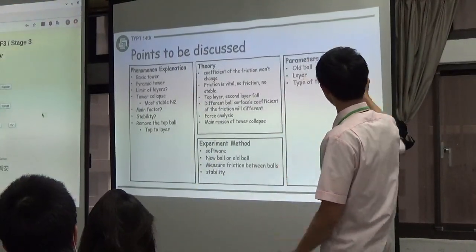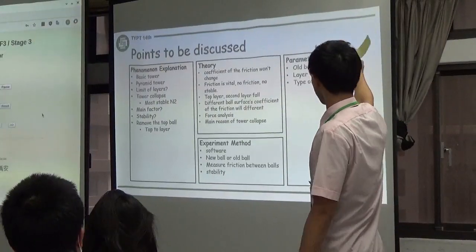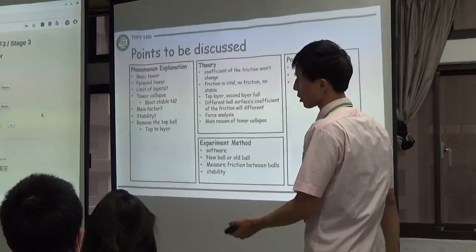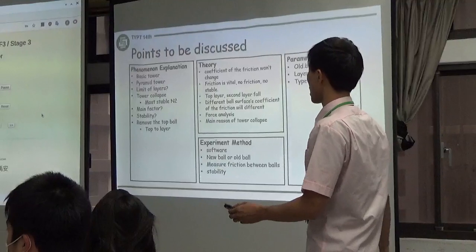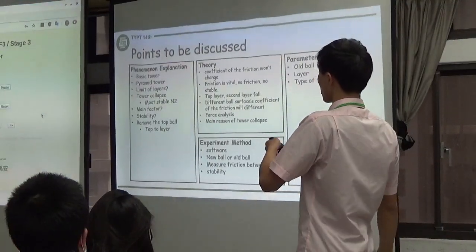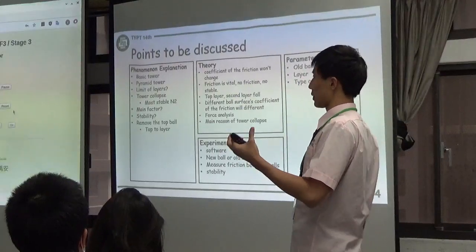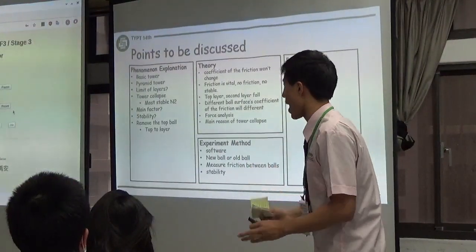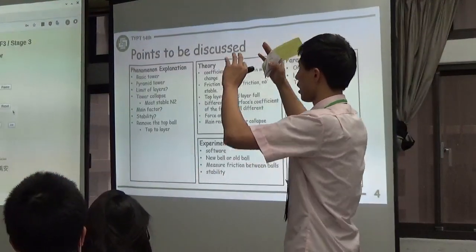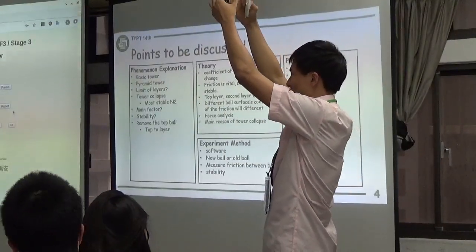So the parameters will be the different bars, how many layers there are, and what type of tower they are going to build, and what will affect the limit, and can we actually stack it infinitely tall.